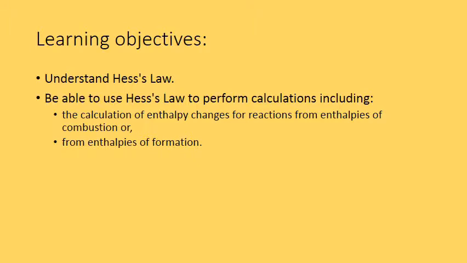So we'd calculate enthalpy changes for reactions from enthalpy changes of combustion or enthalpy changes of formation. So any sort of combination of the three, to be honest. You might be given one and asked to calculate another. So there's our lesson objectives.